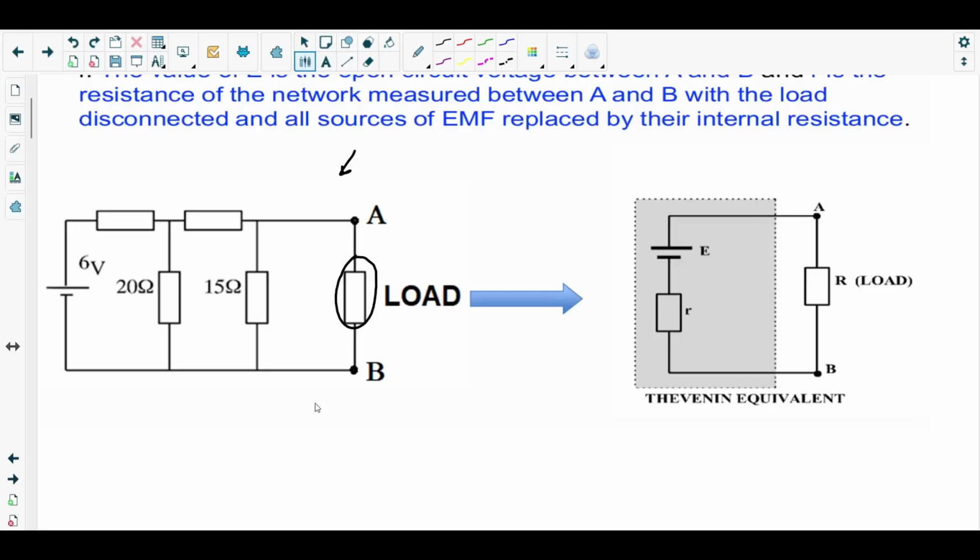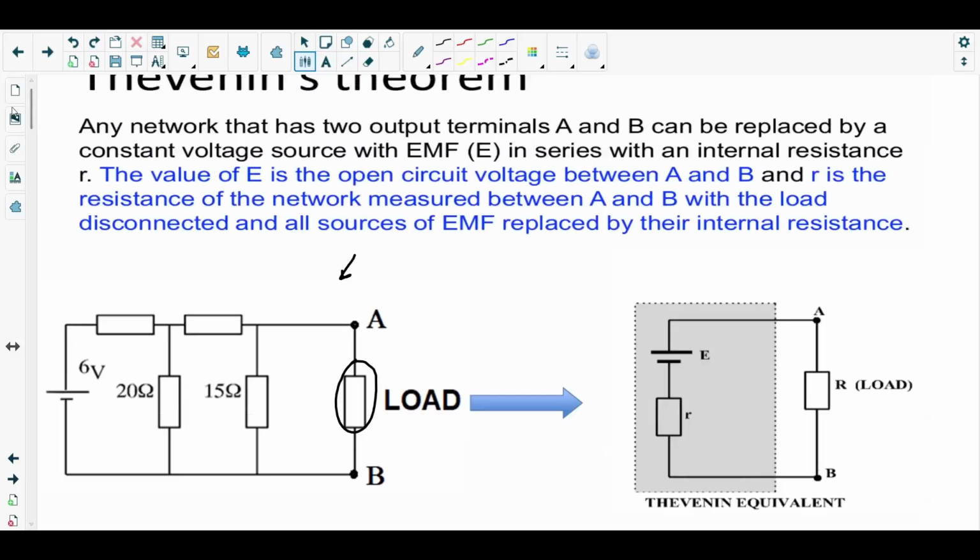On the right-hand side the circuit is very simple. So the theorem says you can replace the complex circuit with a much simpler circuit like this, where the load is connected in series with an internal resistance R and an EMF source E.